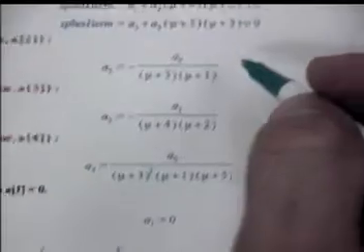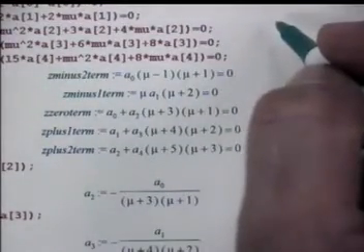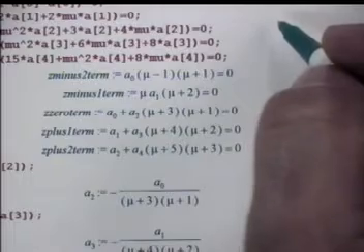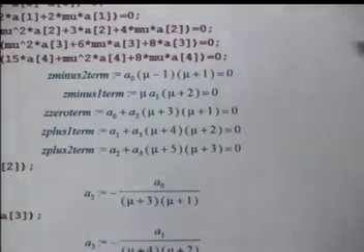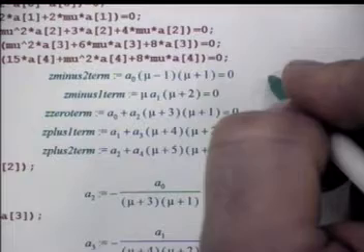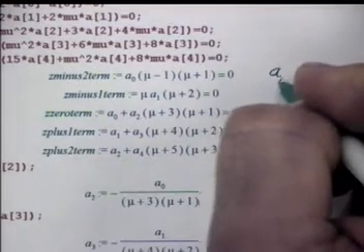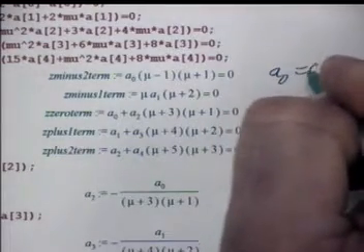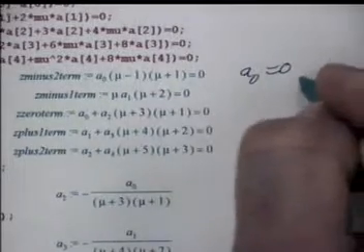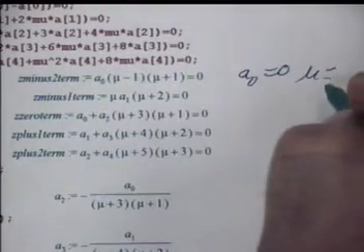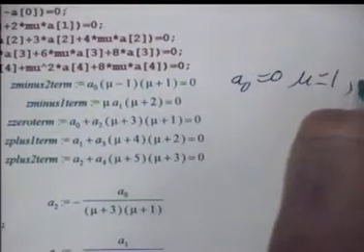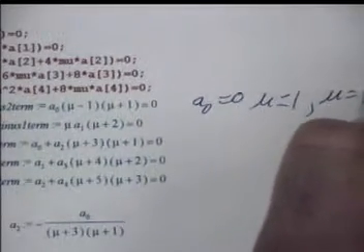Okay, with the same reasoning we had before, at this point you could have a0 equal to 0, or mu could be equal to 1, or mu could be equal to minus 1.